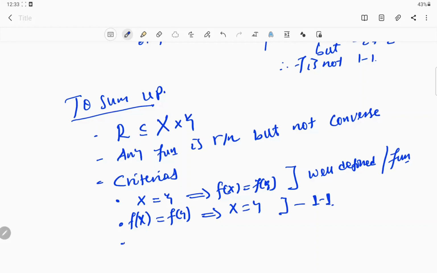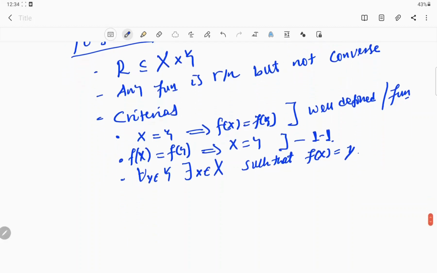And from the definition of onto-ness, we have for every y in Y there exists an x, which is a member of X, such that f(x) has to equal y.